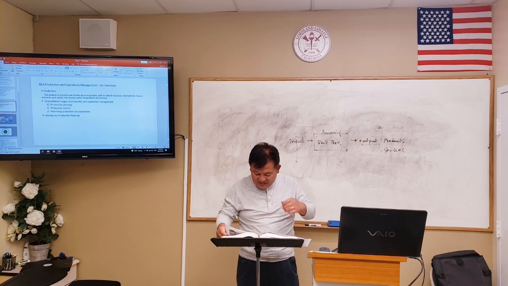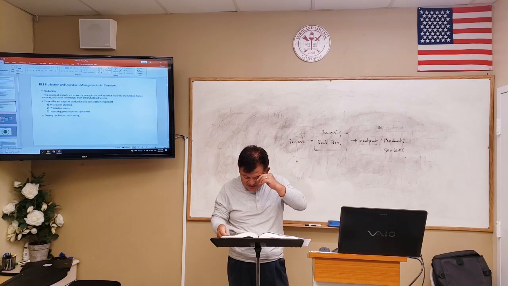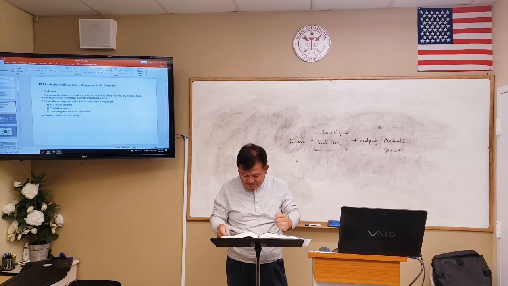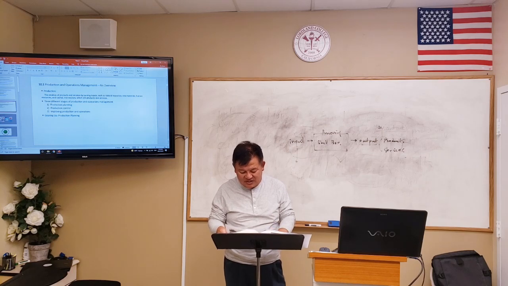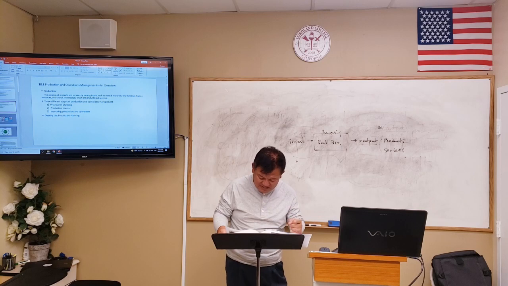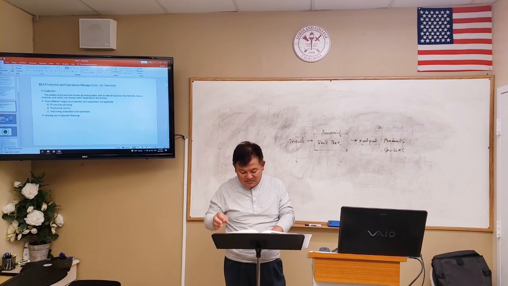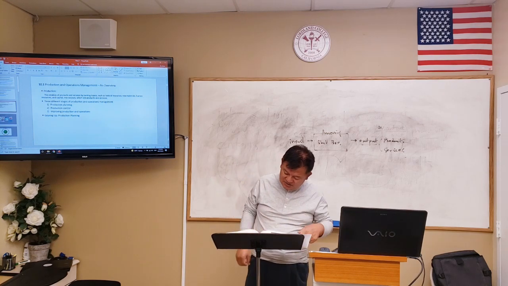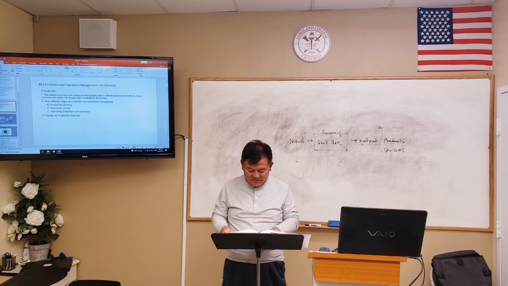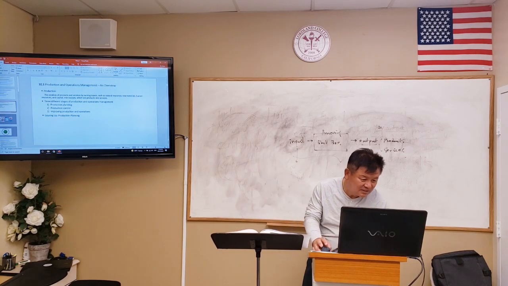So the production and operations management involves three main types of decision, typically made at three different stages. First, production planning and control, and improving production and operations. Plan, control, improve.